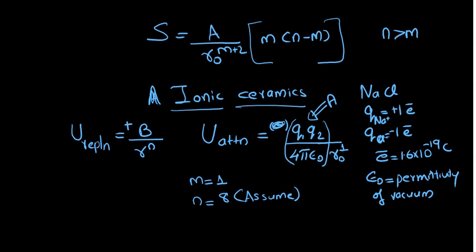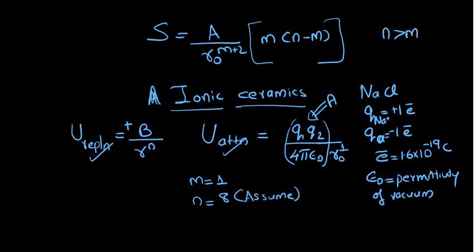You do not have to use minus here, but it implies that this corresponds to an attraction energy, and this corresponds to repulsion energy. And in case of ionic ceramics, m equal to 1 and n can be varying, depending upon the type of the ceramic. But if you assume n is equal to 8, then I substitute it into this equation.